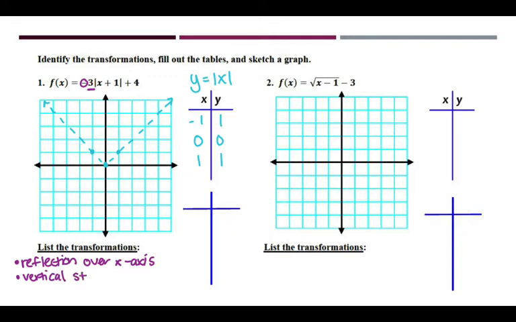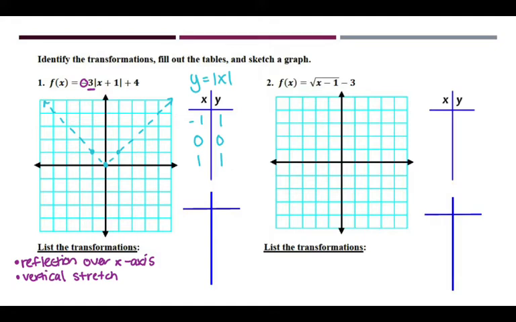This one is a vertical stretch because that number is bigger than 1. If a is the number in front of your function and a is bigger than 1, that is a vertical stretch. If a is in between 0 and 1, like 1/2 or 2/3, that is going to be a vertical compression or a vertical shrink.